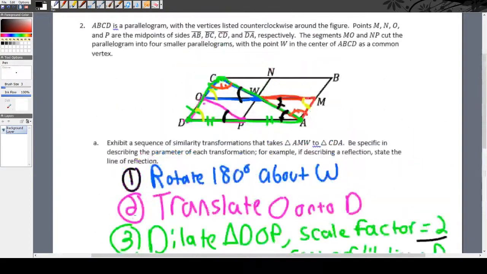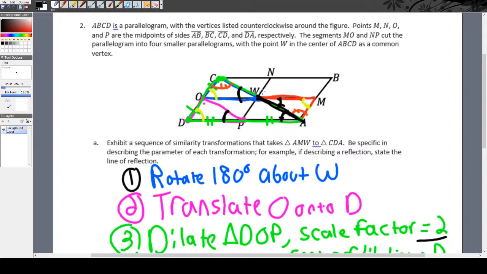Well, what actually are the corresponding sides? Now, after you find the angles, this is a little bit easier to keep track of. Just look at where the angles are and match it up with that last triangle. If I look at this black angle and the red angle, on our first triangle, that's side WA, this length here.